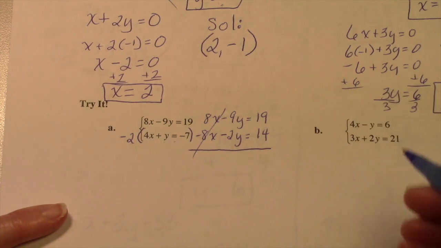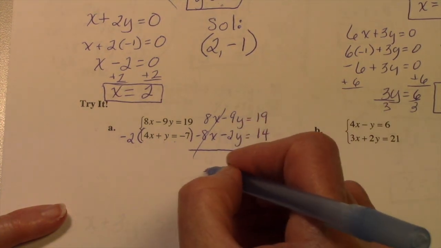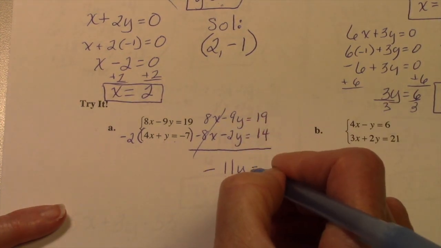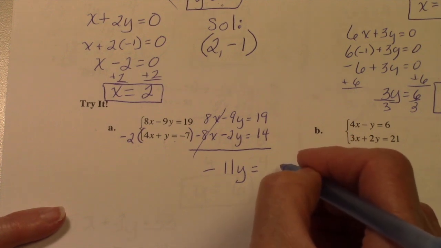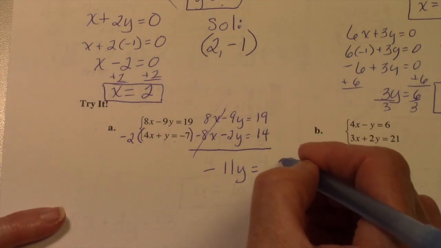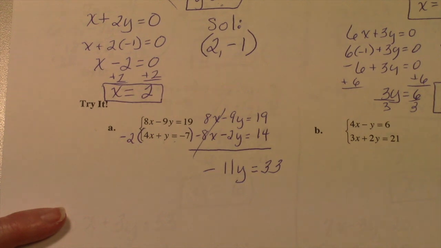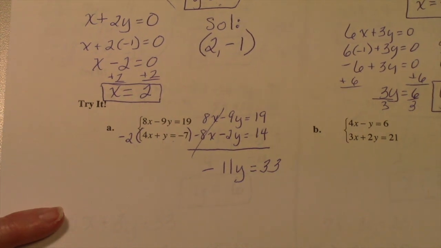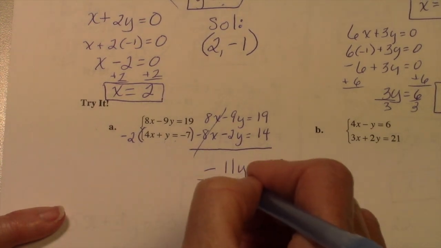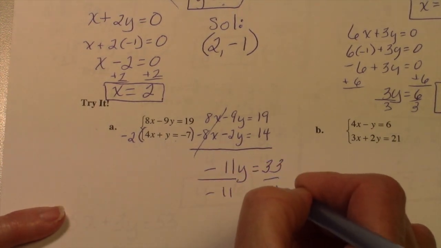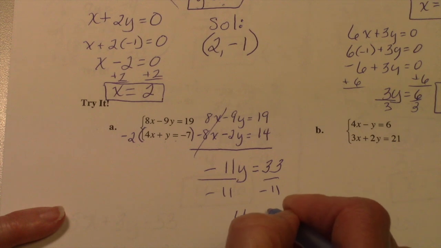So now the x's are gone. This makes negative 11y equals, what does this equal? 33. Divide by negative 11, divide by negative 11, y equals negative 3.